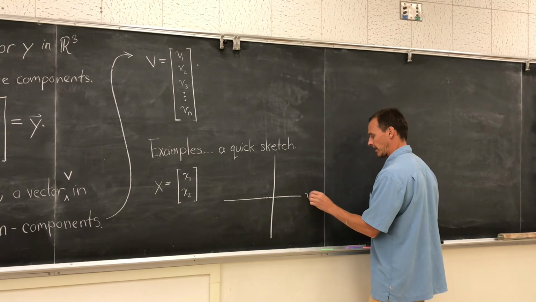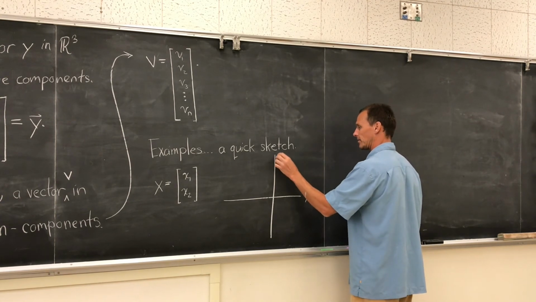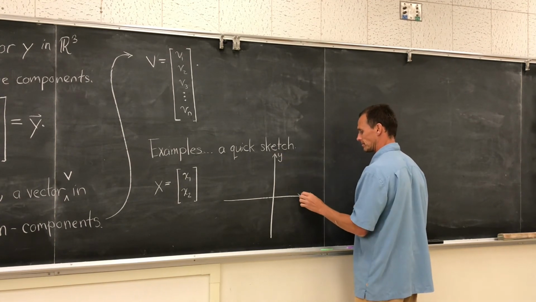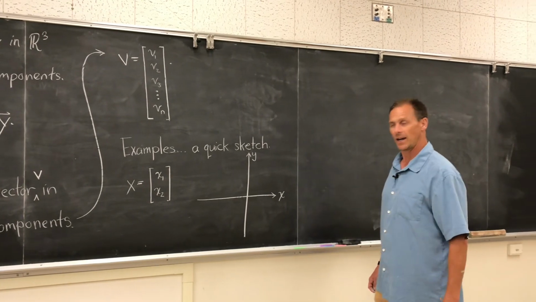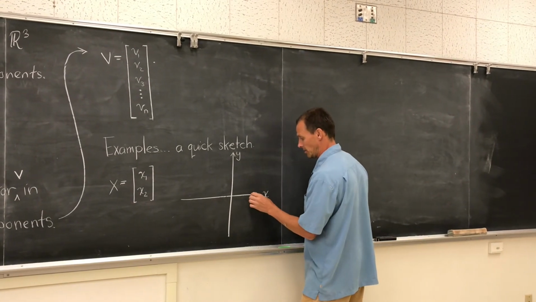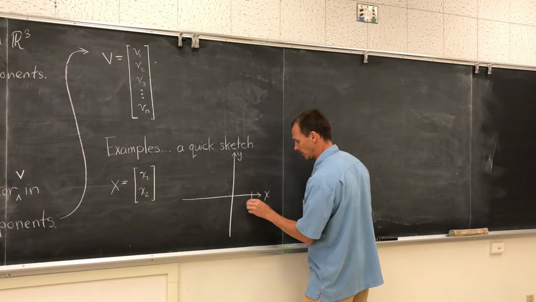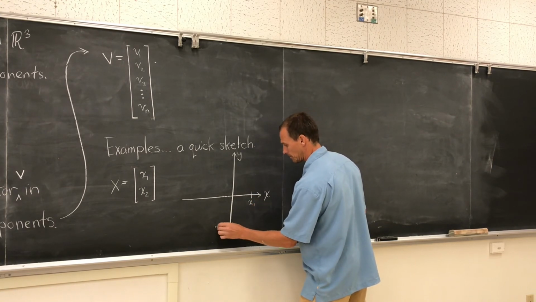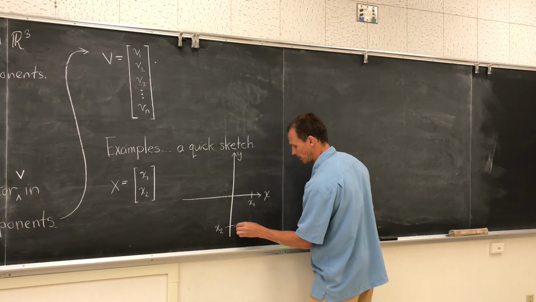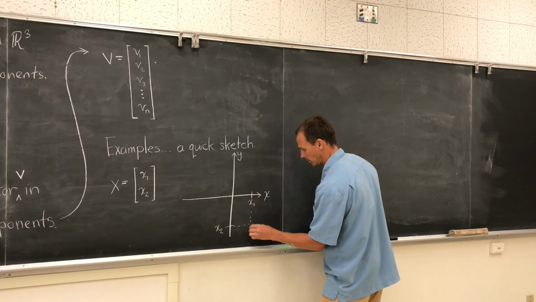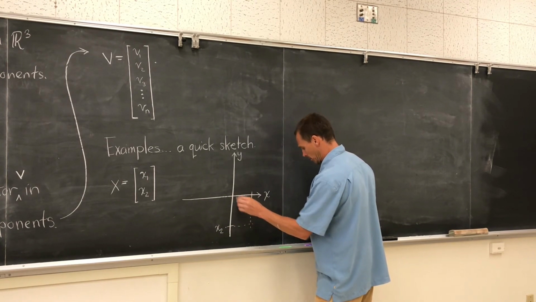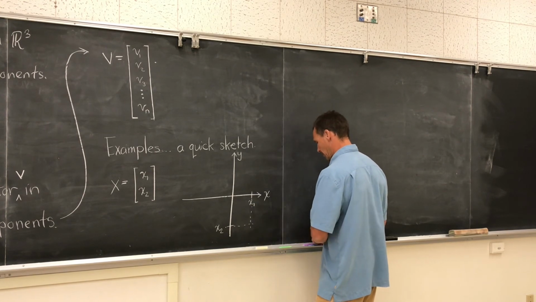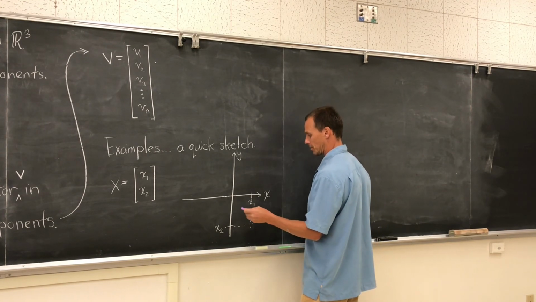Remember, we have an x-axis and a y-axis. And I could put my x1 anywhere. Let's say maybe x1 was here. And maybe x2 is here. Then my vectors are very commonly drawn in purple.